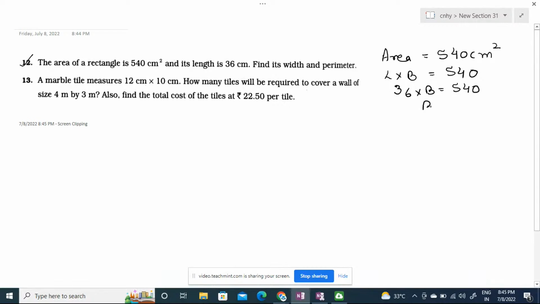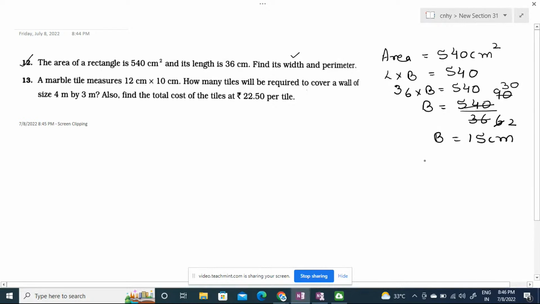Breadth is also known as width. L into B is 540, 36 into B is 540, so B is 540 by 36.